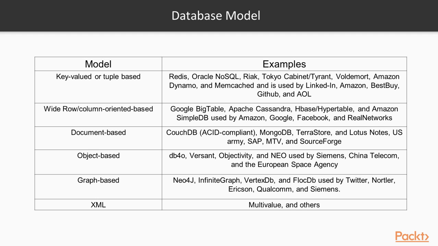For example, Lotus Notes, used in various financial and other relevant institutions such as SAP, MTV, and SourceForge, etc. Object-based. For example, NEO, used by Siemens, China Telecom, and the European Space Agency, etc. Graph-based. For example, FlockDB, used by Twitter, Ericsson, and Siemens, etc. Lastly, it is XML, multi-value, and others.